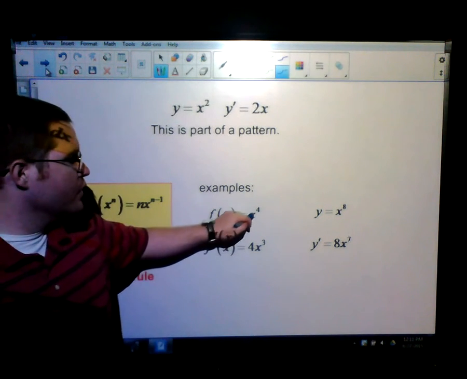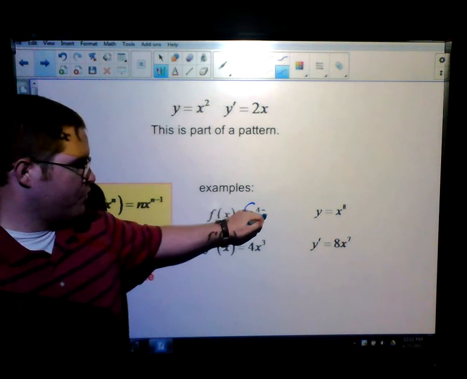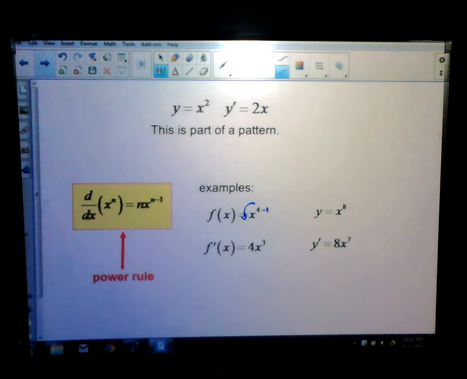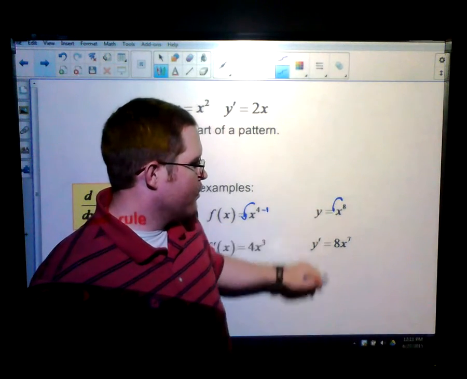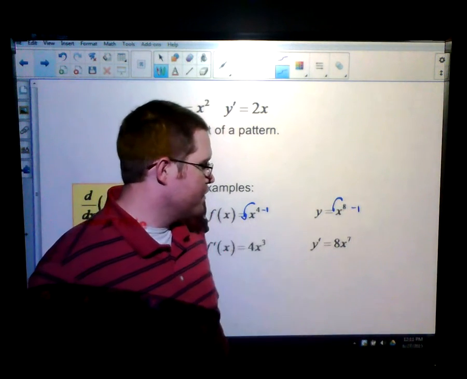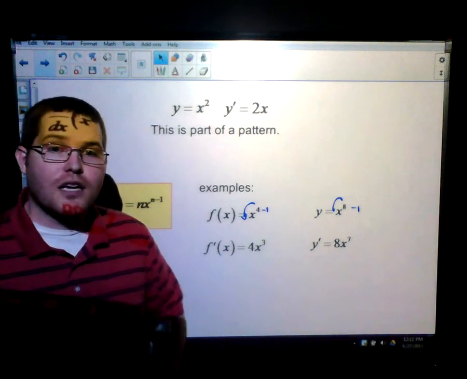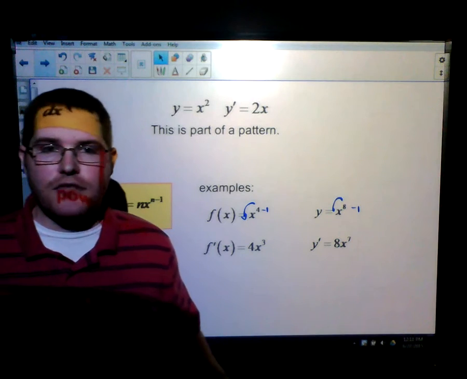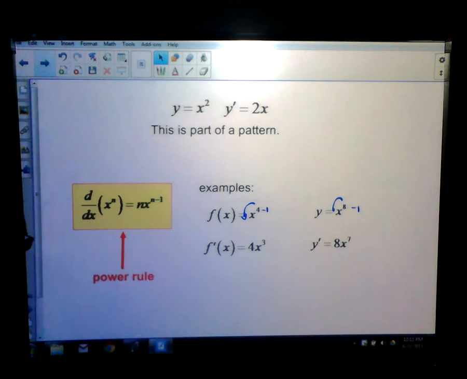So if this is the original, I put the power in front, and I subtract 1 from the power to get the derivative. If x to the 8 is the original, I put the power in front, and I subtract 1 from the power, 8x to the 7th. Makes difference quotient useless, because now you can find the derivative in about 2 seconds. Power rule. You will use this rule the most.